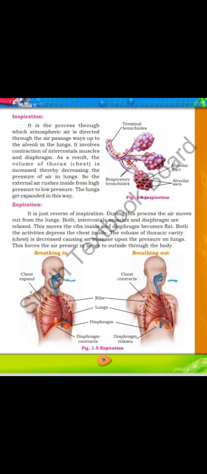In figure 1.4, the process of inspiration in pictorial form has been shown.